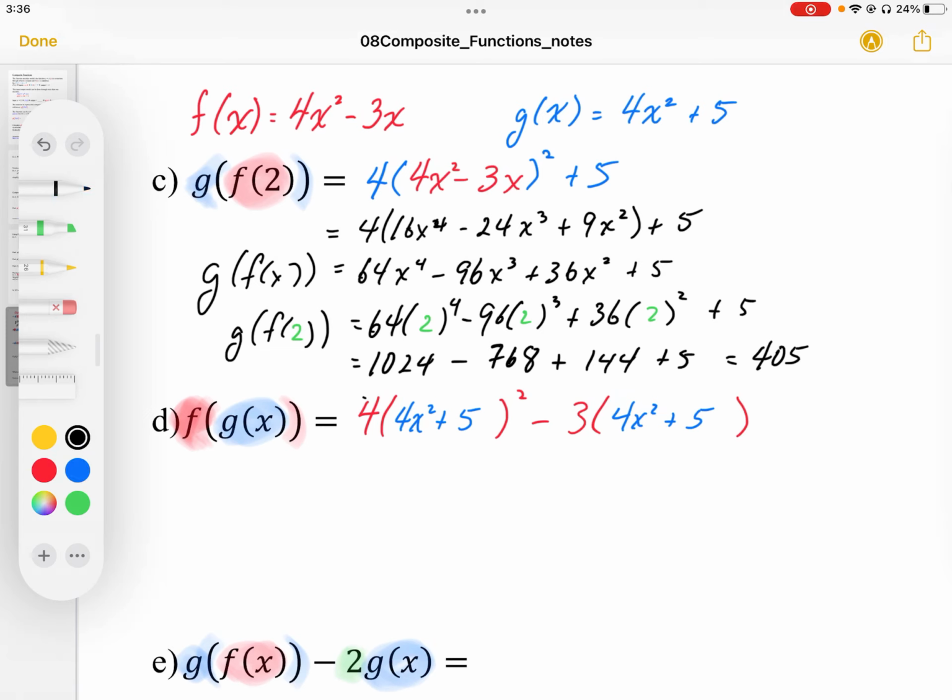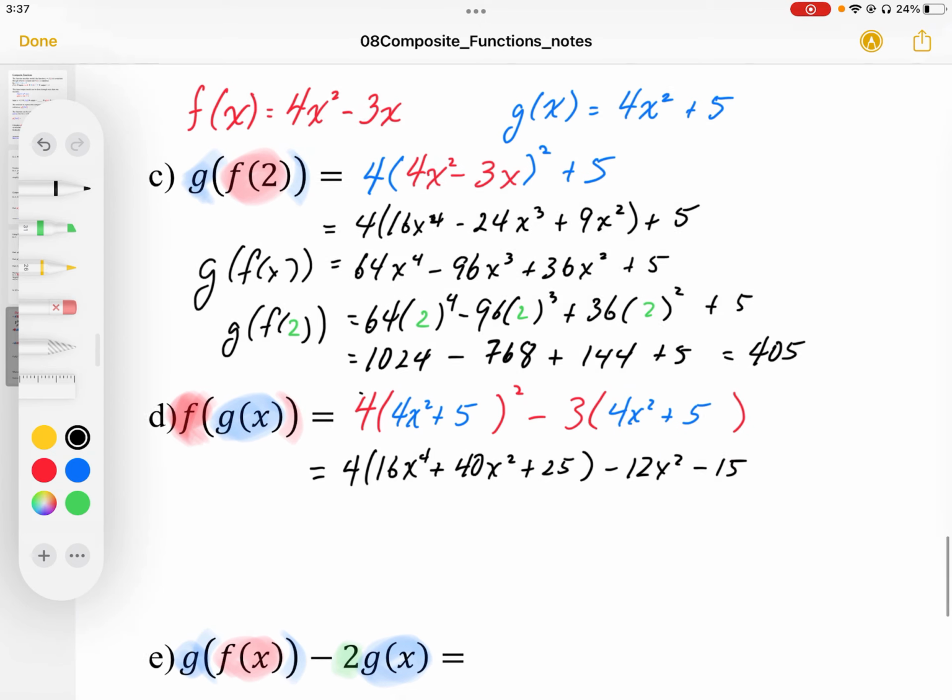So once I've done that, I just need to rearrange this. So I end up with 4. Squaring that, I get 16x^4 plus 4 times 5 is 20x squared, but I have two of them, so 40x squared plus 25 minus 12x squared minus 15.